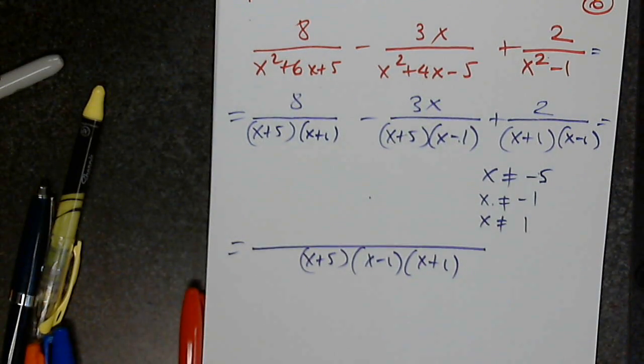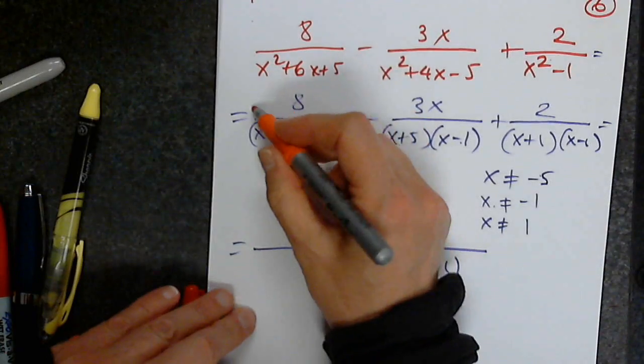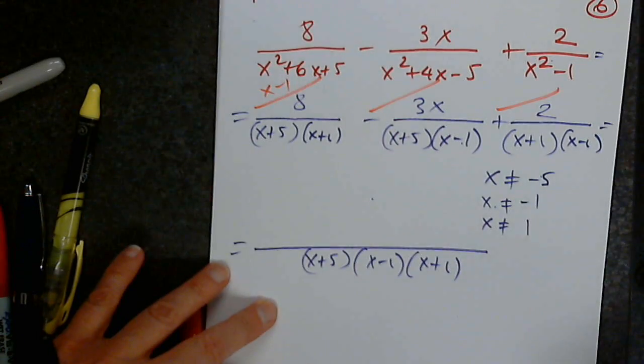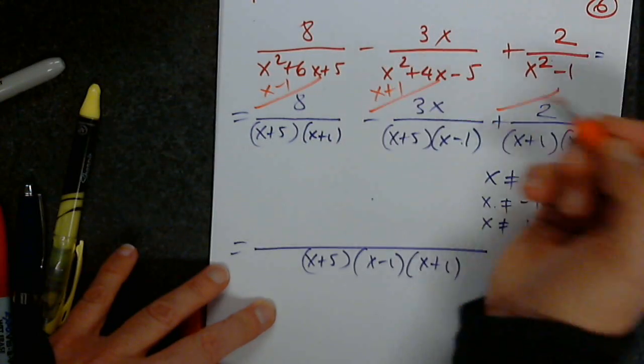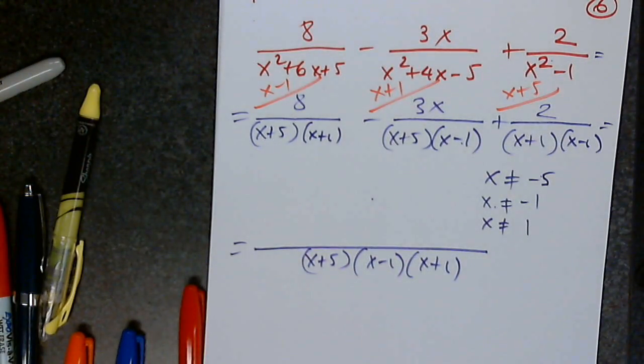Excellent. Can anyone give us the adjustments at the top of every fraction? For the first one, it's x minus 1. Exactly. Then x plus 1. Exactly. Then x plus 5. Exactly. When you have the numerator ready, I'll put it in.